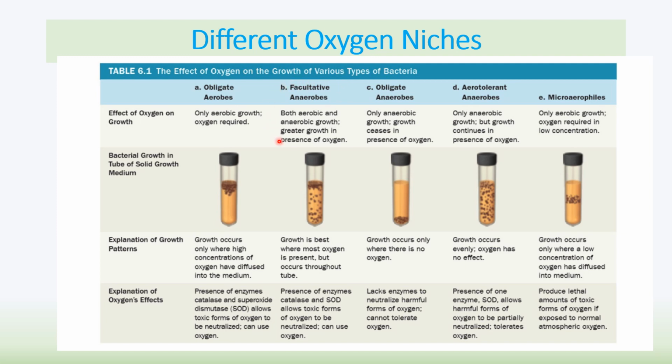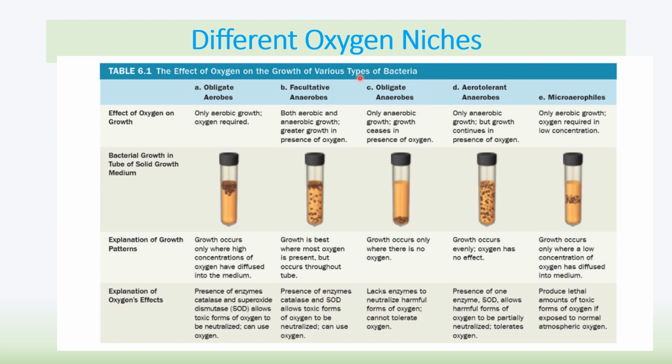Facultative anaerobes are organisms that can grow in both aerobic and anaerobic conditions, but they will have greater growth in oxygen-rich conditions. So they prefer to do aerobic respiration and will grow in those conditions as opposed to anaerobic.